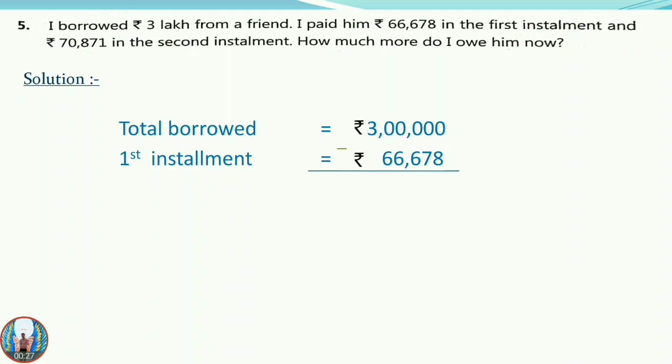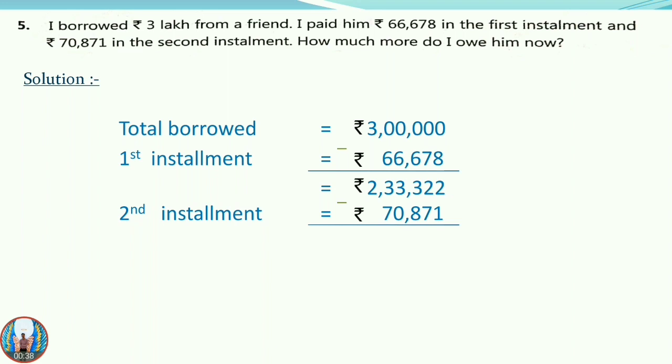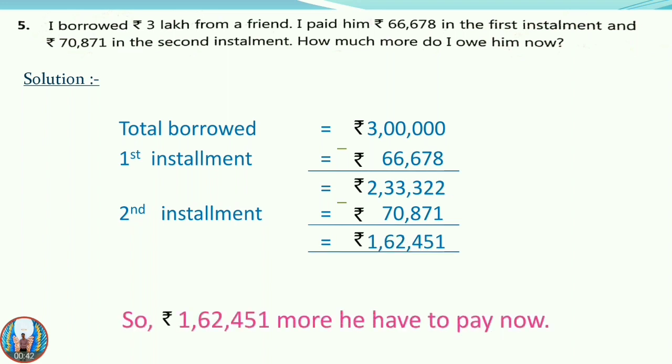So first installment means we have given the money to the friend, so we will subtract. So the answer is 2,33,322. Then the second installment means we have to subtract 70,871, means 1,62,451 more he has to pay now.